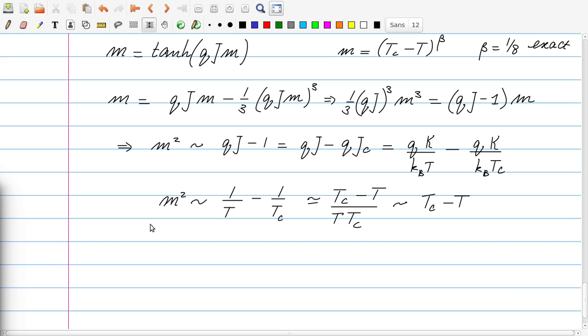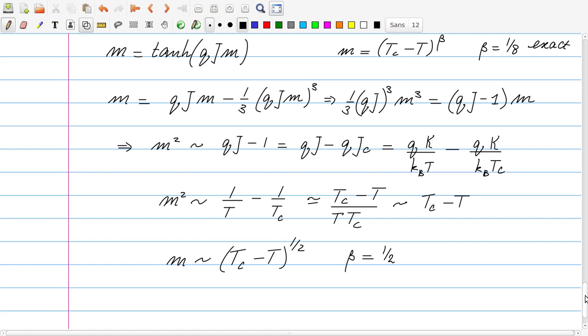And we see that that power is like Tc minus T to the 1/2, and therefore the beta that we get from mean field theory is 1/2, and that's in sharp contrast with the exact solution.